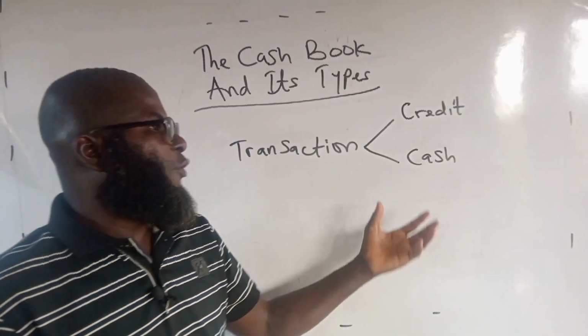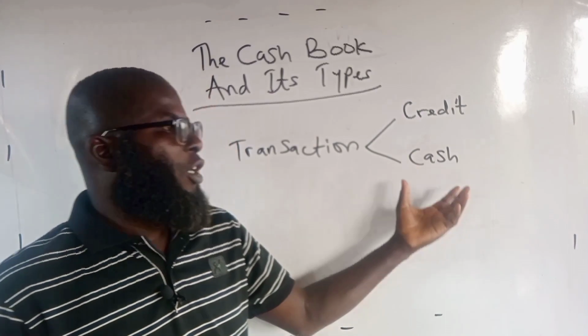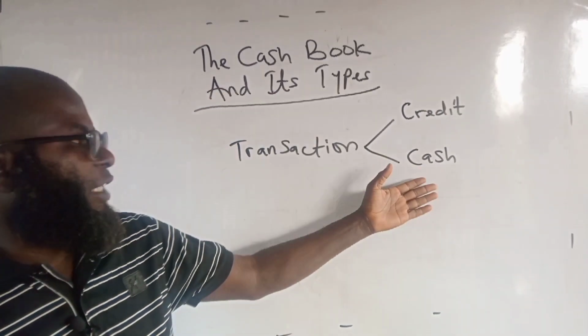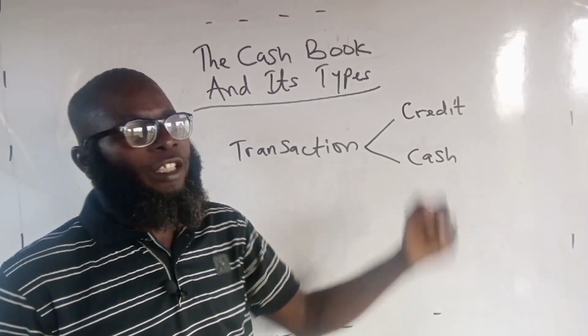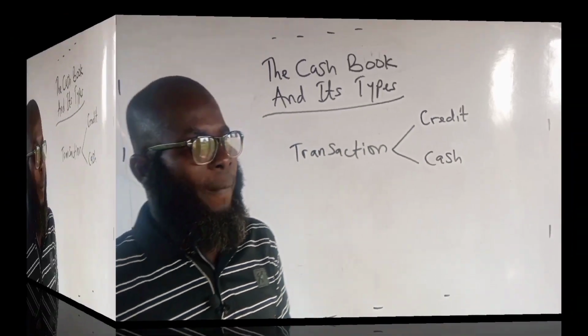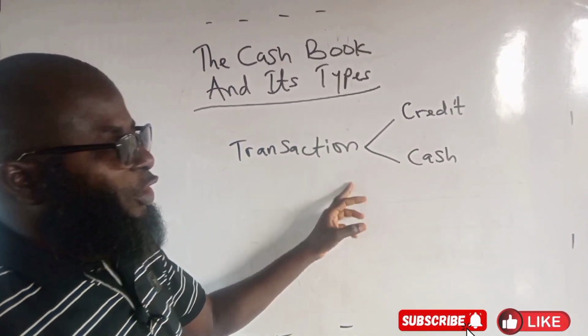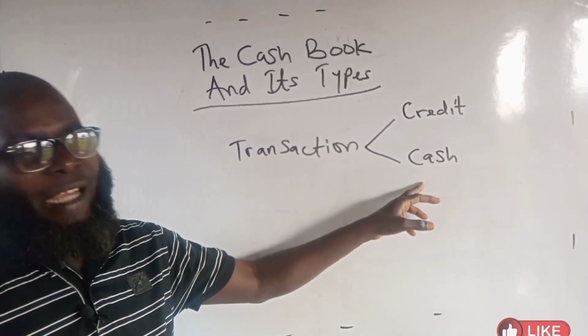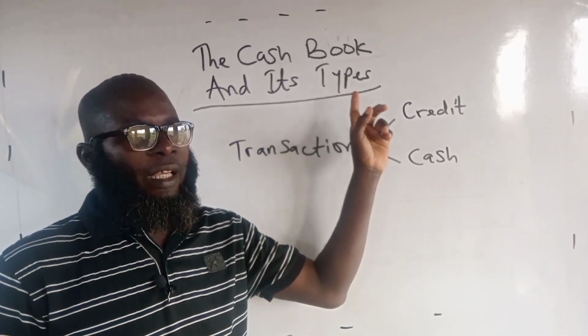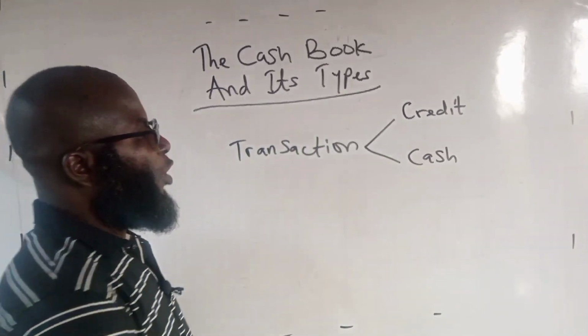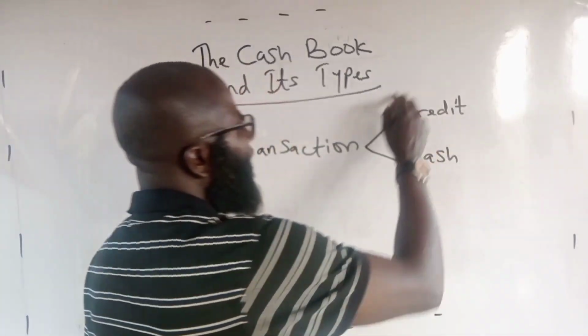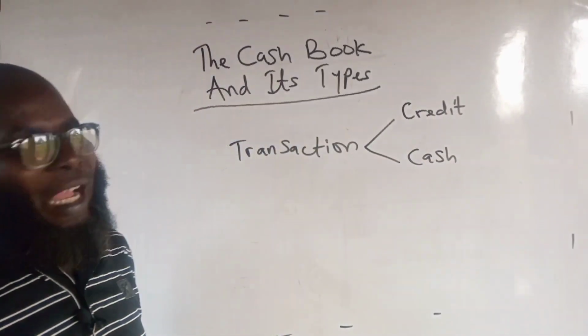Meaning that if you make any transaction, you can either pay cash, or you get it on credit. Therefore, take note that any transaction made on cash should be recorded in the cash book, while that of credit should not be entered into the cash book.